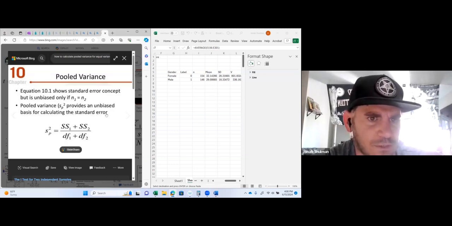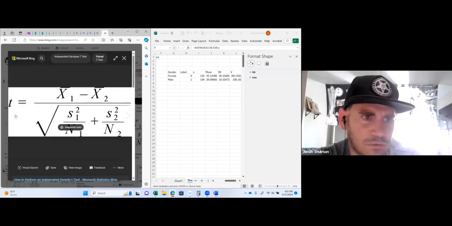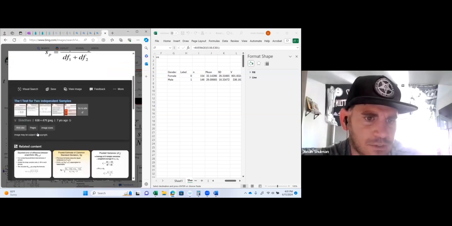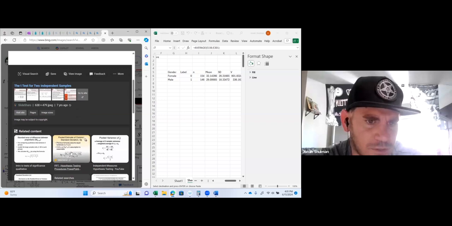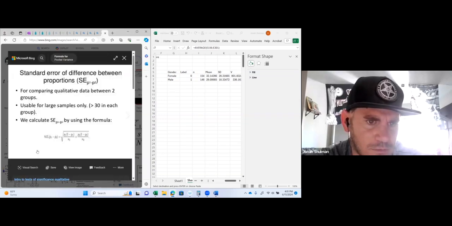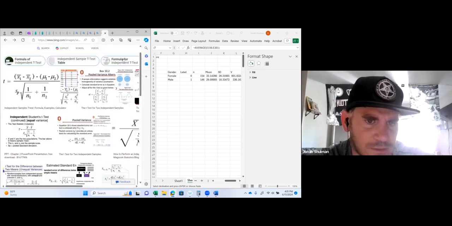Pooled variance provides an unbiased estimate. Okay, well, degrees of freedom 1 plus degrees of freedom 2. But they're not showing you how to get the sum of squares. That's the standard error of it.